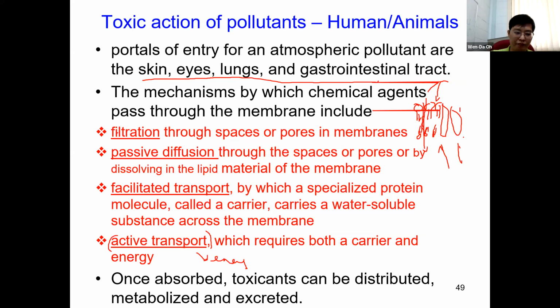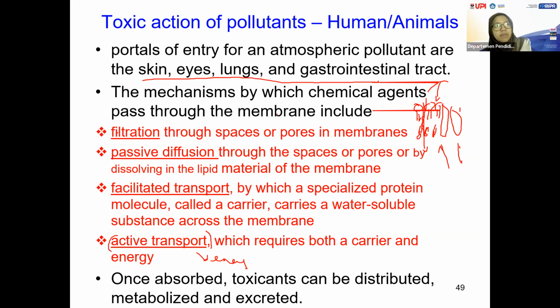But then, of course, aside from those nutrients, toxic pollutants sometimes can enter through this passage. In terms of the mode of entry, sometimes the pollutant has a specific structure that mimics certain molecules in our body. Because of this mimicking, they can enter through all these channels.